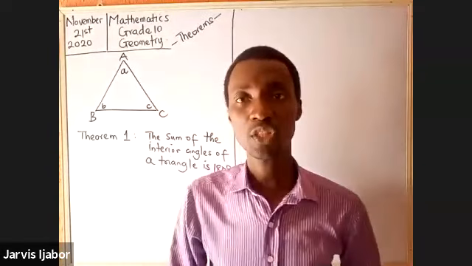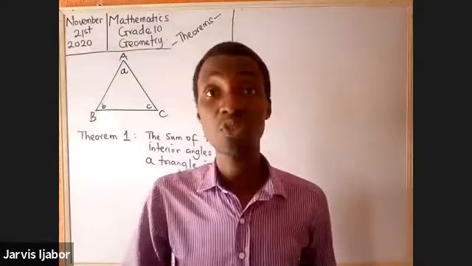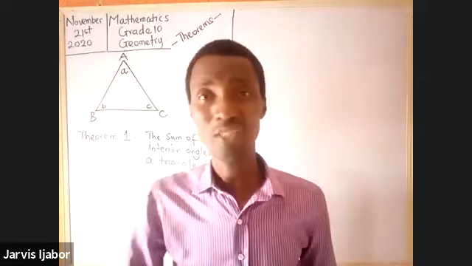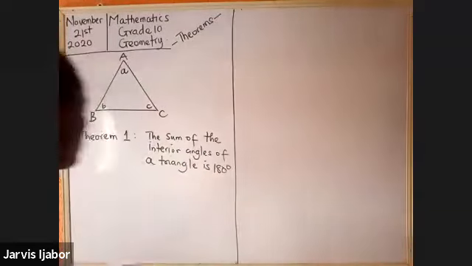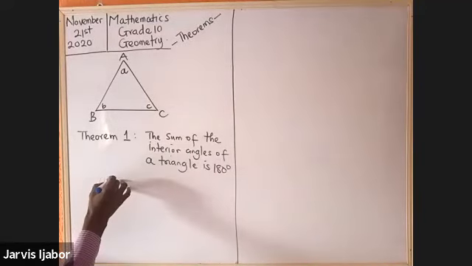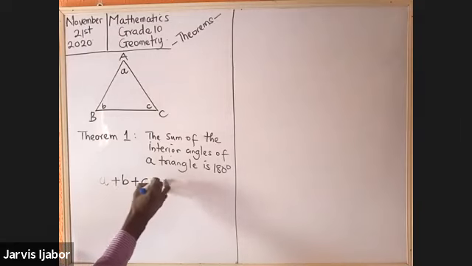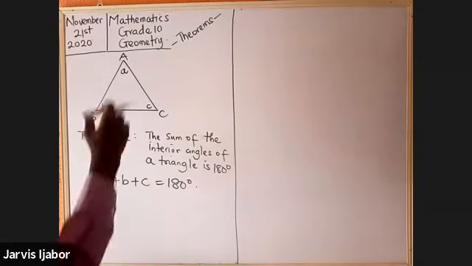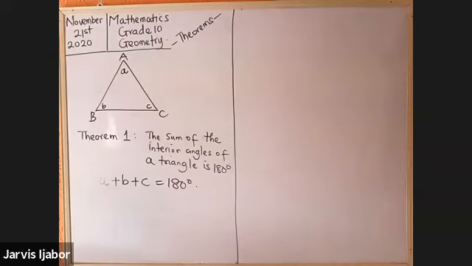So identifying the theorem and knowing when to use it becomes more important than knowing the theorem. All right, so this is theorem 1. What it's saying is that angle A plus angle B plus angle C will be equal to what? 180 degrees.